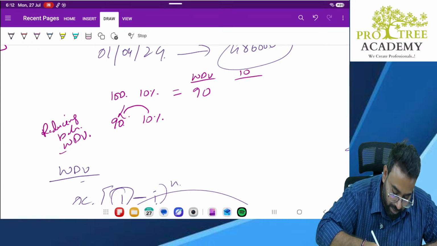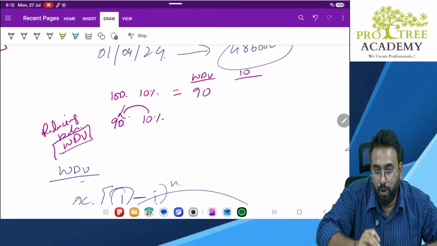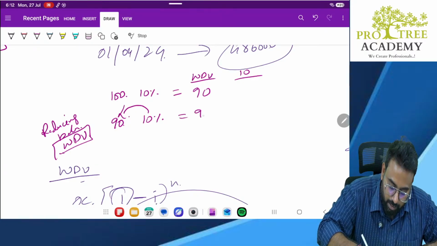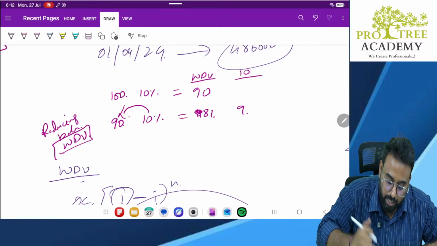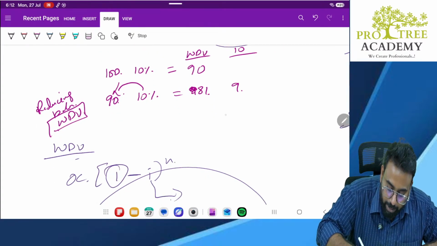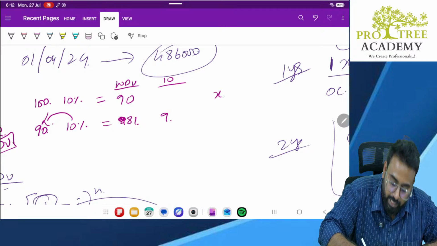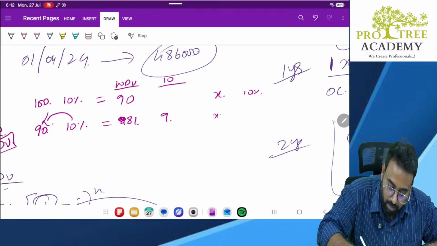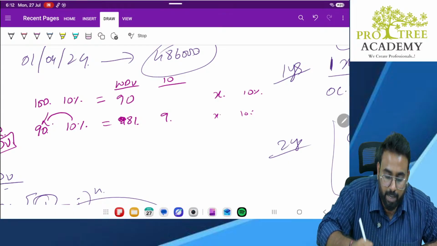Book value is nothing but the written down value of the asset, correct? So here it was again 81 rupees as WDV, and 9 rupees will be depreciation. So this continues in the same way. There was asset X, 10% applied in the first year. Again, there is X, then 10%. Like that, it kept on going.